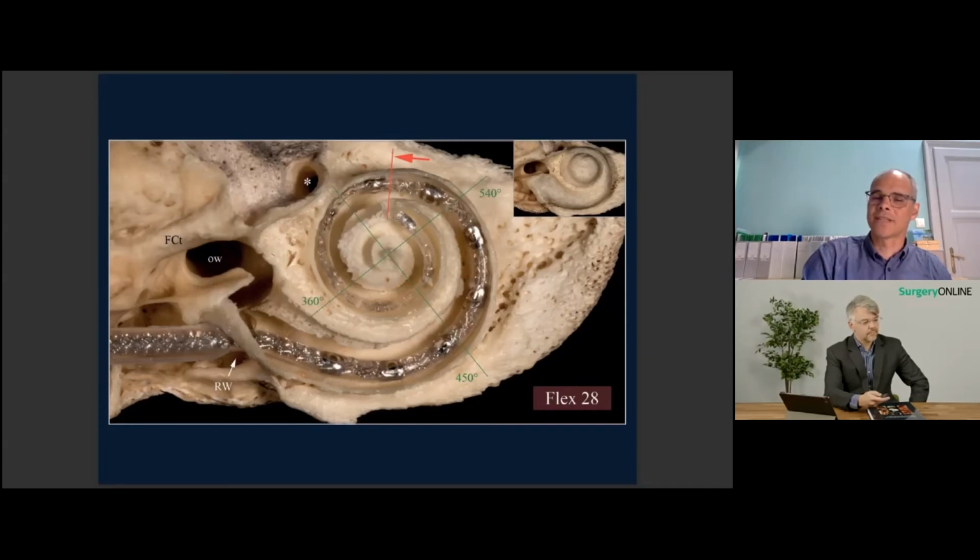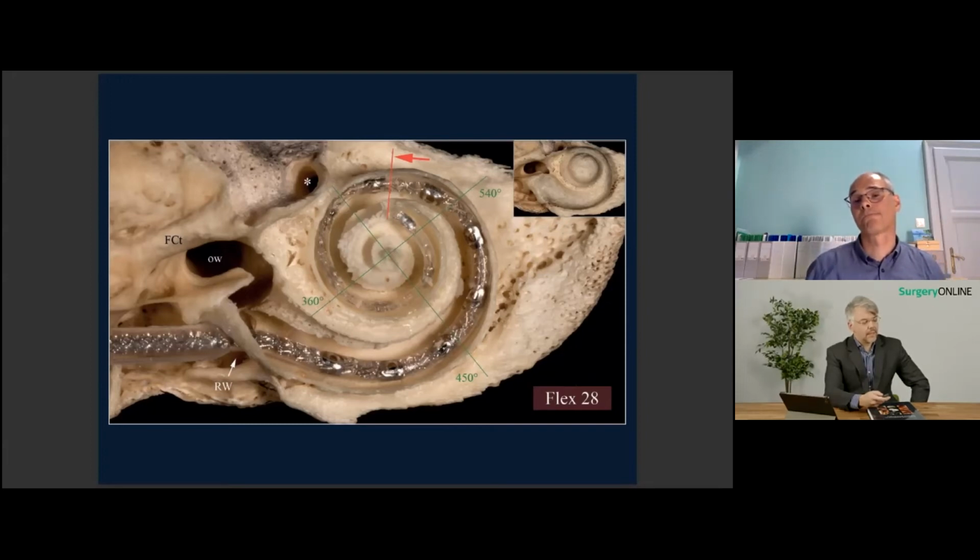If you are near the carotid canal, you can't direct the pathway of the electrode, but you can make an optimal view in the first 4 to 6 millimeters.